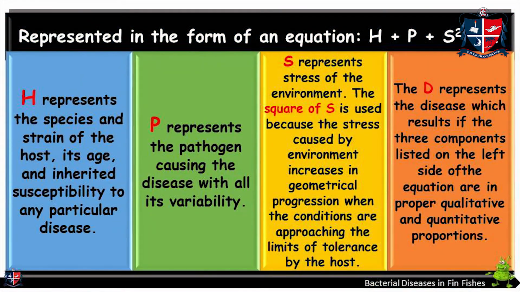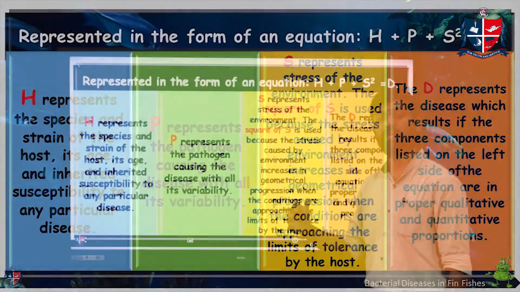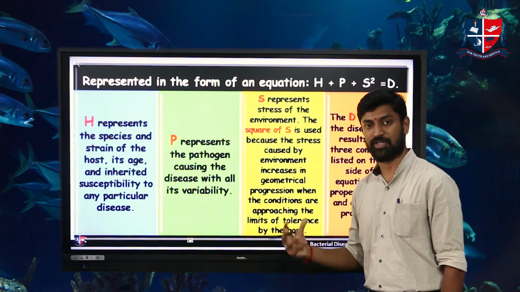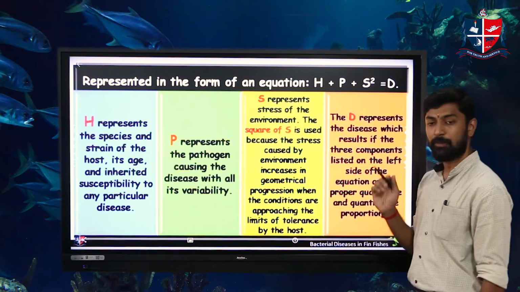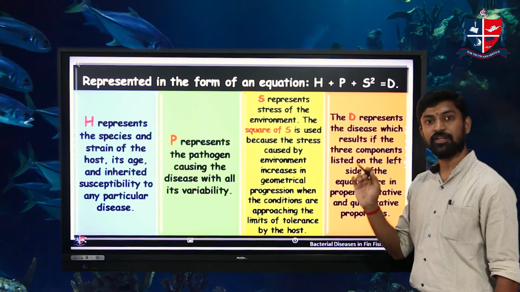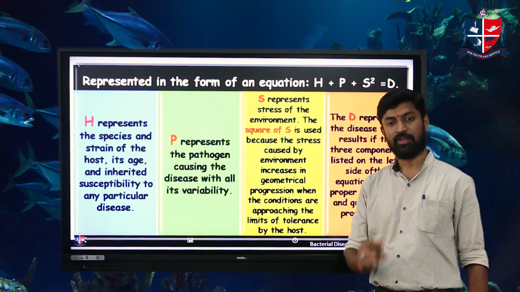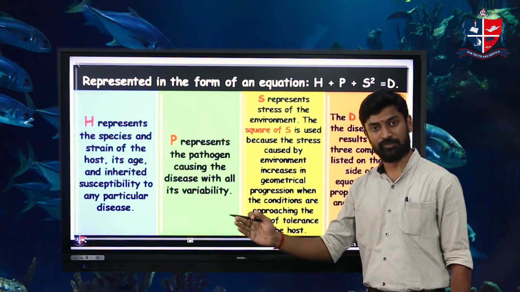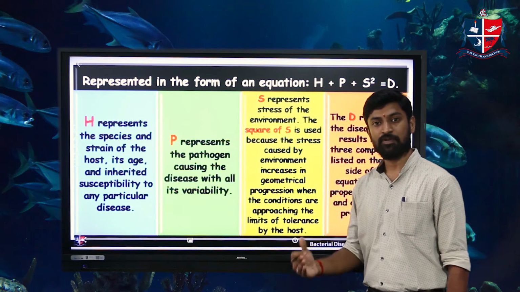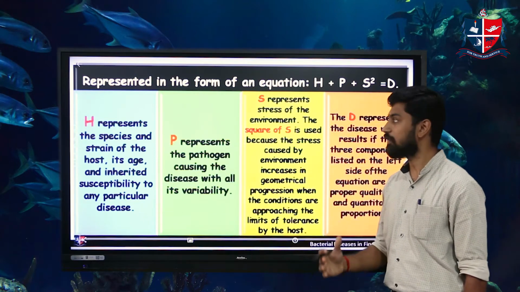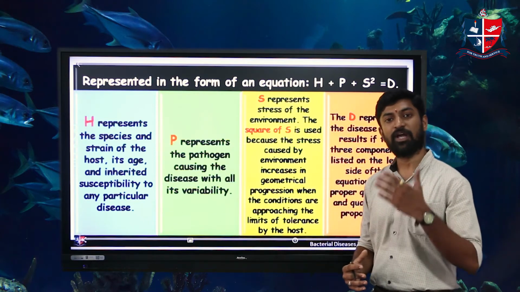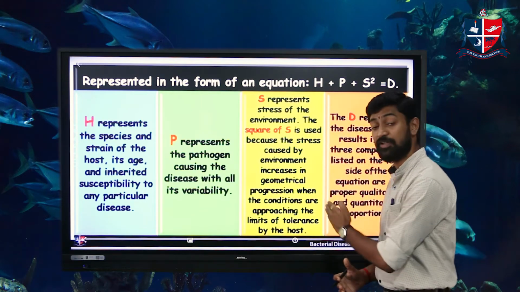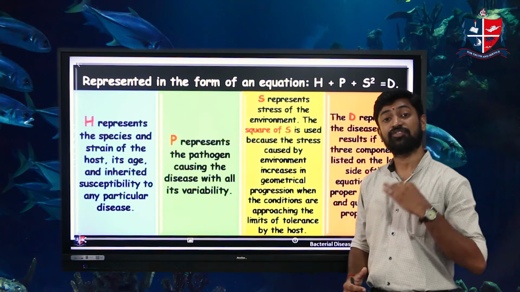The interrelation of these three particular characters we express in the form of an equation. It is H plus P plus S square is equal to D. Here H represents the species or the host or the fish, P represents the pathogen causing the disease, and S represents the environmental stress.